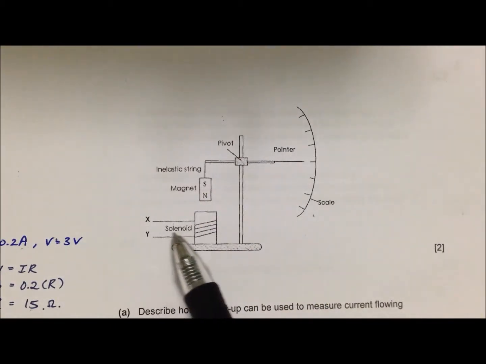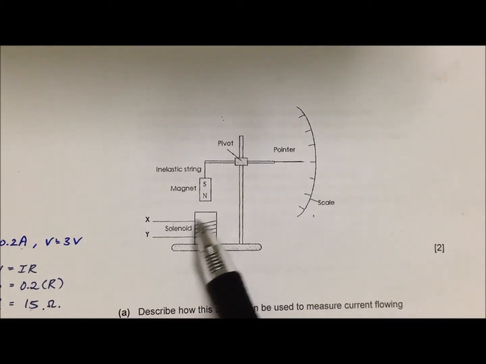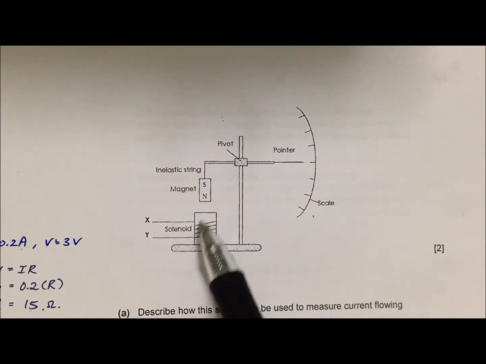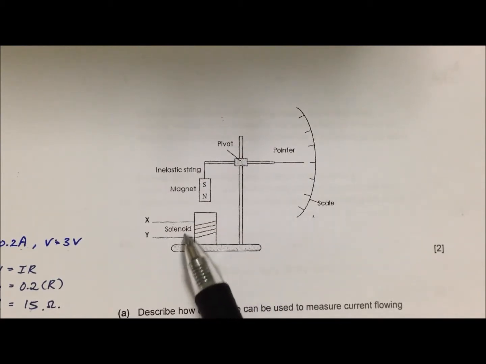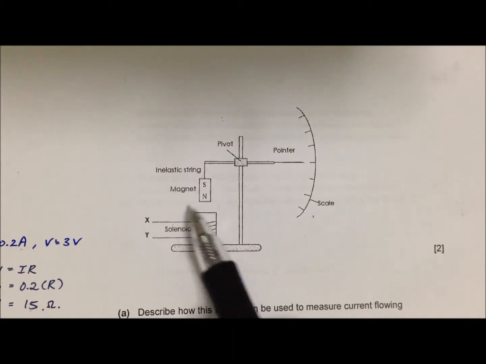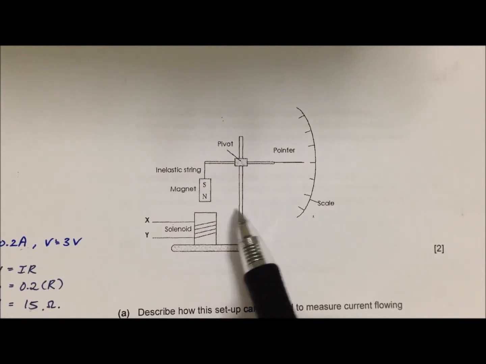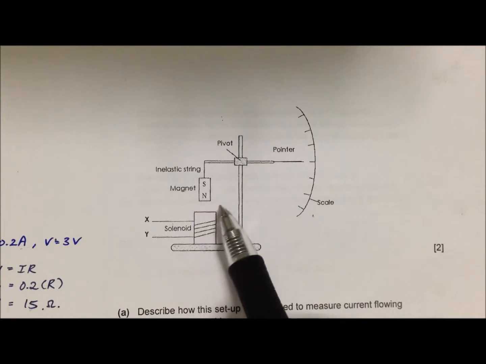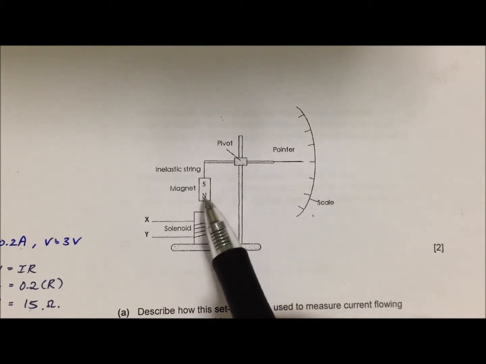So what happens is that if you pass a current through this solenoid, it will produce a magnetic field. Of course, you have a soft iron core to help make the field more focused. So if there is a magnetic field being produced here, it's going to interact with the magnetic field from this permanent magnet.